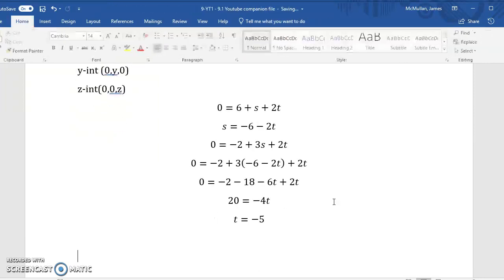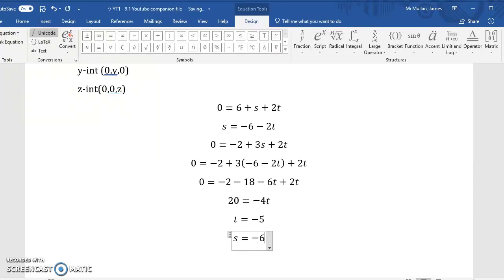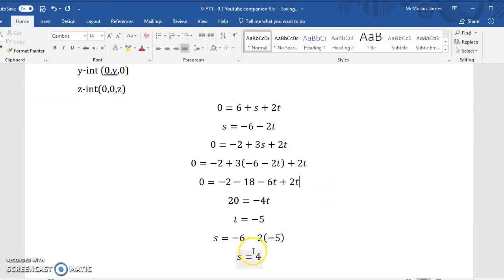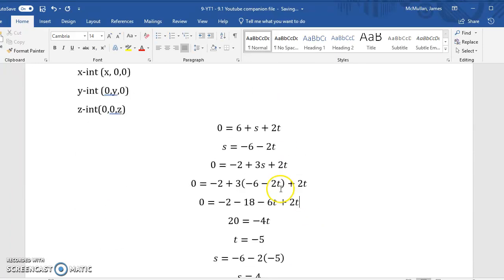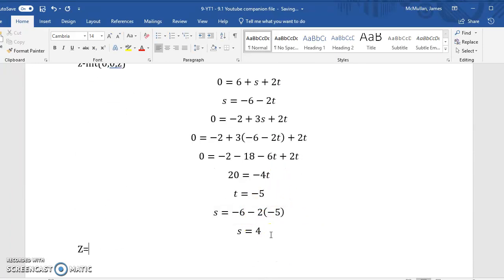I remember that s is equal to negative 6, take away 2 times negative 5, which is s is equal to positive 4. So when s is positive 4 and t is negative 5, we get the coordinates where x and y are both 0. To determine the location of z at that point, we're just going to use our equation for z.